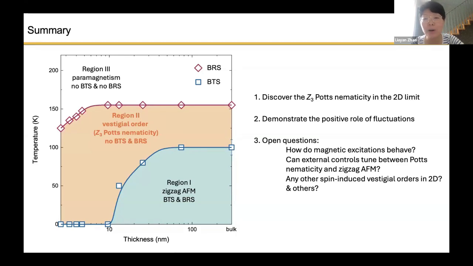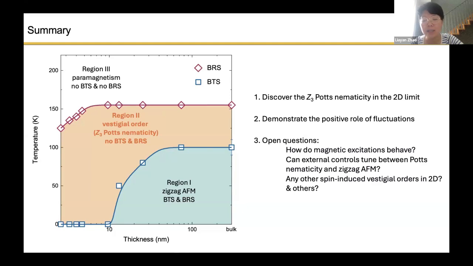It is actually a positive demonstration of spin fluctuation giving you something interesting and useful, rather than just destroying things. Okay, there are still many open questions. We want to ask how those magnetic excitations behave as we go to thinner layers and as we enter different regimes of this phase diagram.